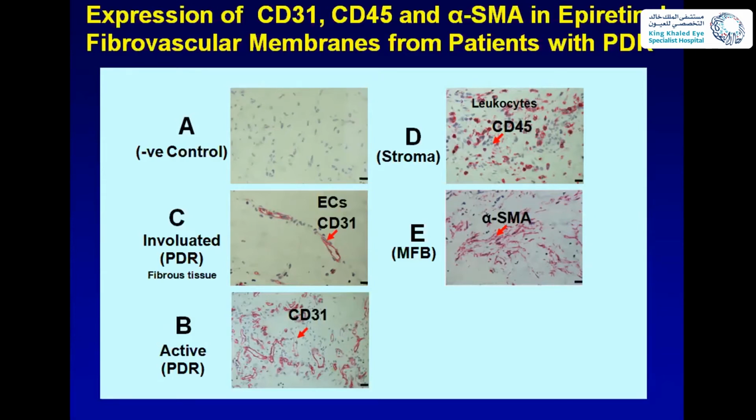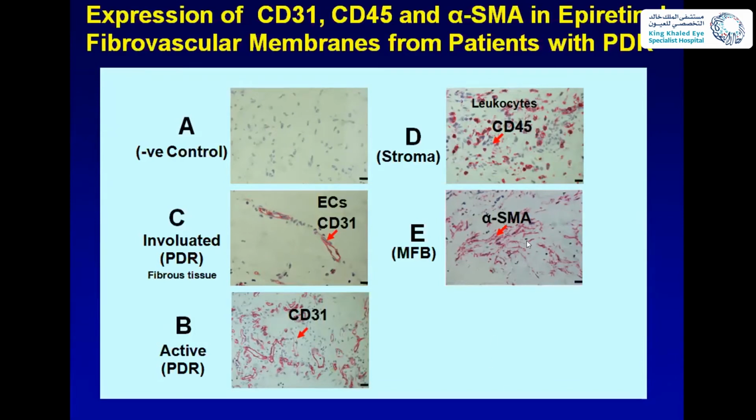So here you can see the level of CD45 leukocytes increased. More leukocytes are present. And what are leukocytes? White blood cells. These are granulocytes and agranulocytes. Agranulocytes are the macrophages and lymphocytes, and the granulocytes are neutrophils, eosinophils, and basophils. But here the leukocyte, the white blood cell, is marked by CD45.